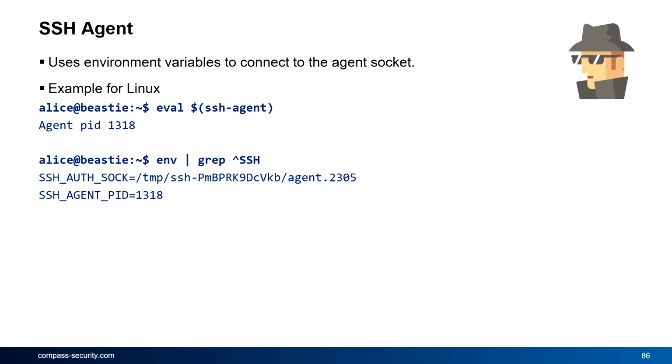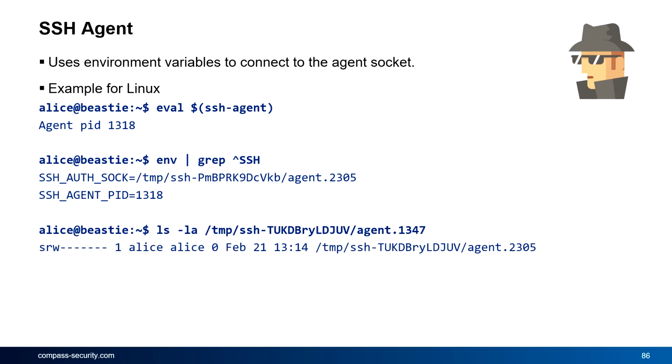This is the SSH_AUTH_SOCK variable and also the SSH_AGENT_PID variable. Now, if we inspect this file in a bit more detail, we can see that this is a socket file. We see this in the first character of the listing of this file, and this file belongs to Alice. So Alice, who started the SSH agent, can read and write to and from this socket.